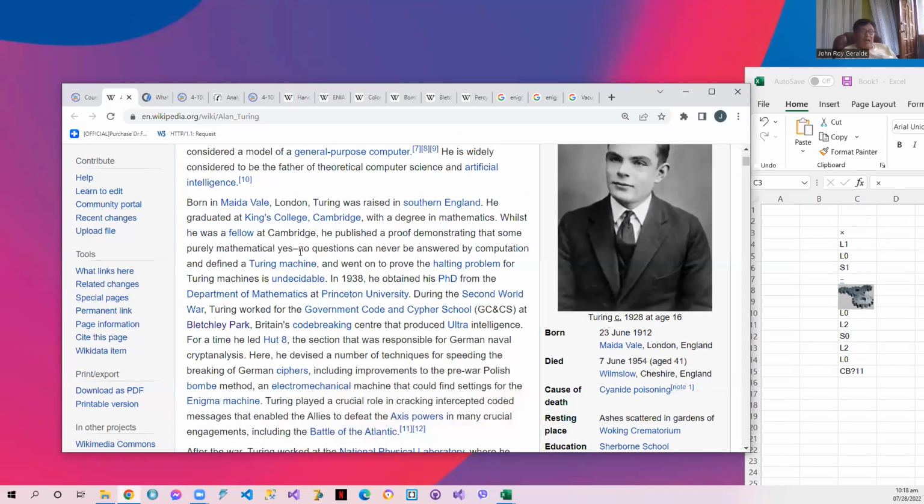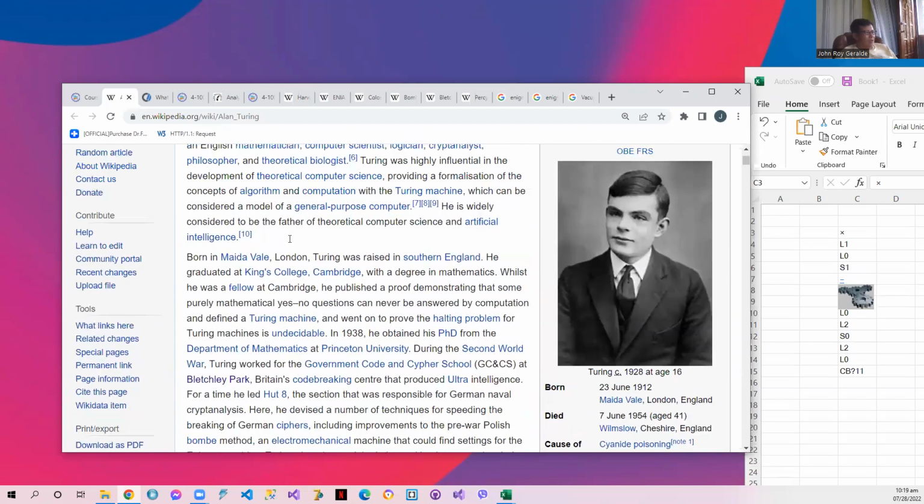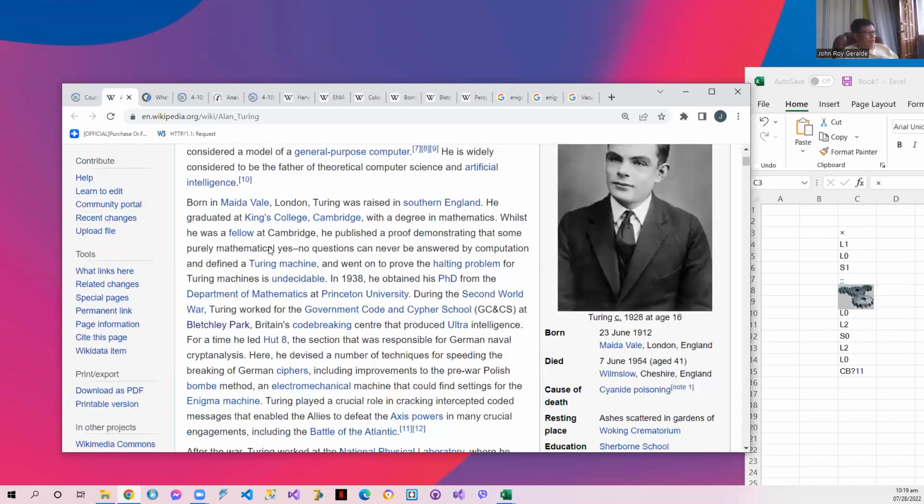What happened to, like Ada Lovelace, Alan Turing died at a very early age, 41. Ganon din si Ada Lovelace, 41 din, di ba? It's very bad news because his early death meant a lot of undiscovered work that could have been developed. Okay. How did he die?